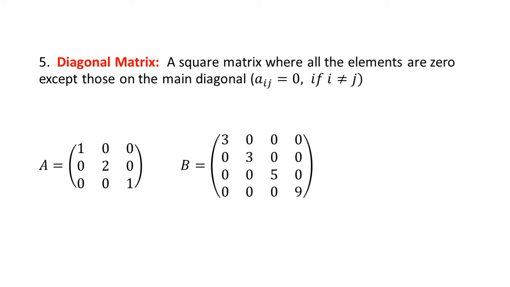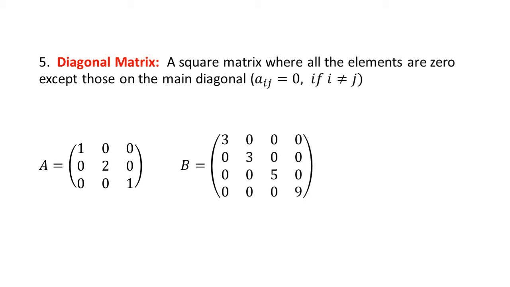So now a diagonal matrix should be a square matrix and all the elements inside the bracket should be 0 except those on the diagonal. Diagonal means from the top left corner to the bottom right corner. So that line should be non-zero, all other elements should be 0.